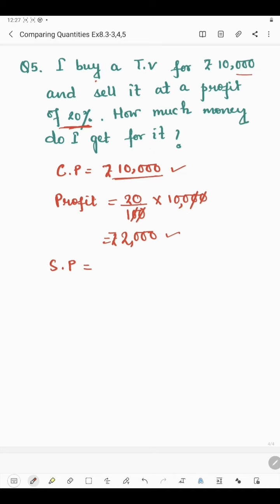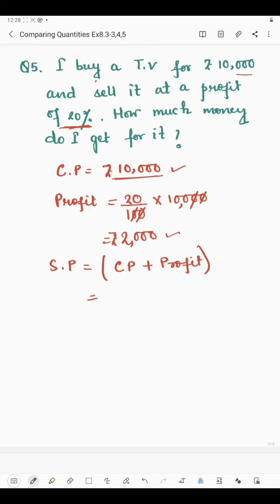I bought this TV for rupees 10,000 and sold it for a profit of 2,000. That means if you add the cost price and the profit, we'll get the selling price, isn't it? When you add these two, you'll get the price at which the product was sold.